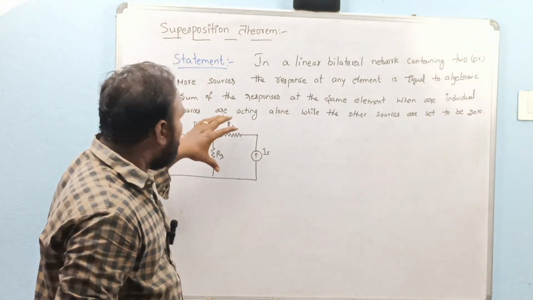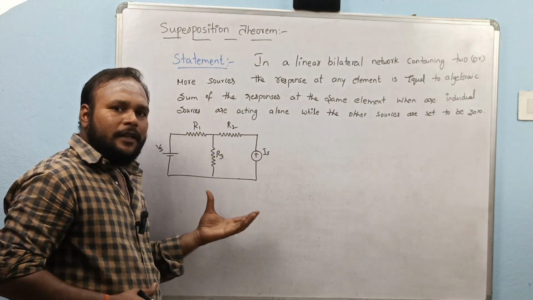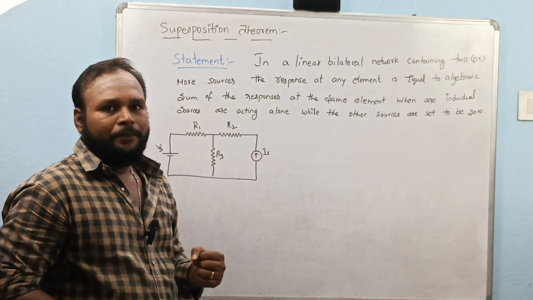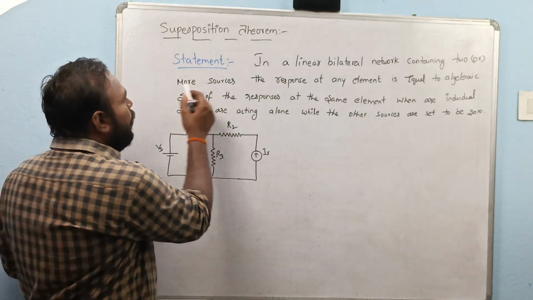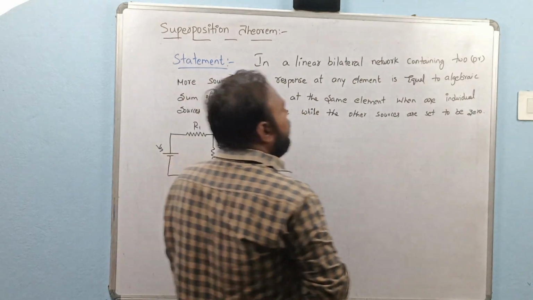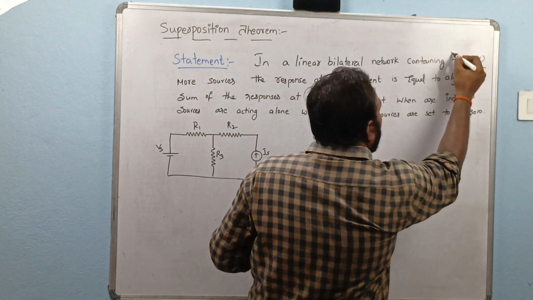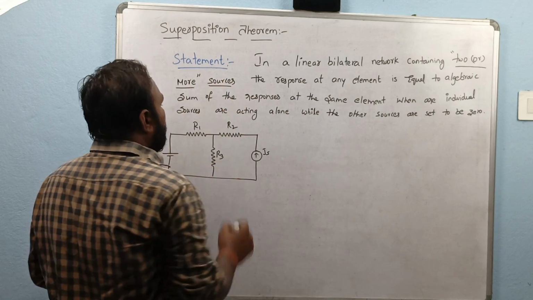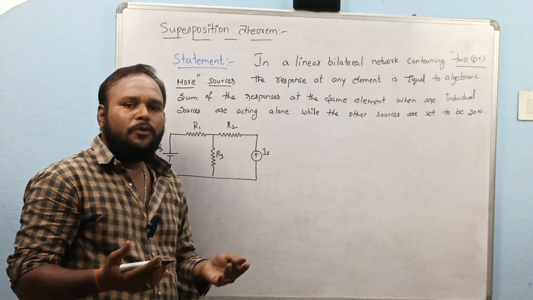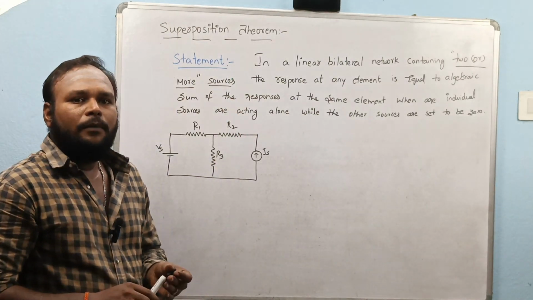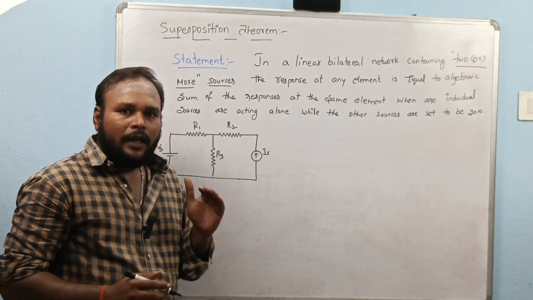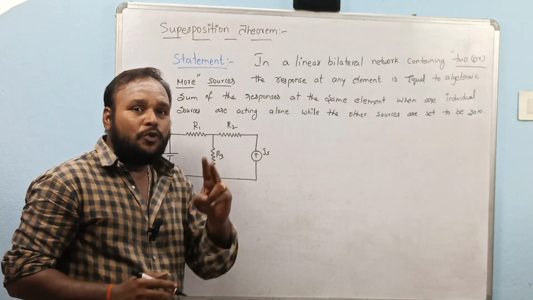Coming to this statement, here we are considering this circuit to explain the superposition theorem. Two or more sources, maybe two or more, whatever it is. But here we are considering a network with two sources.